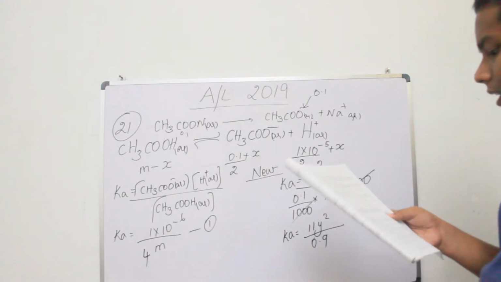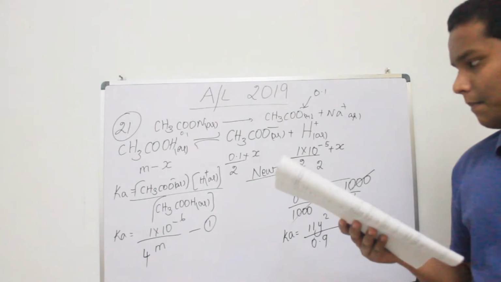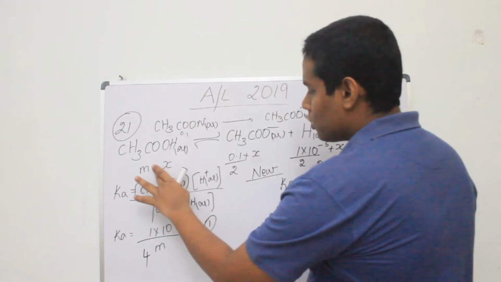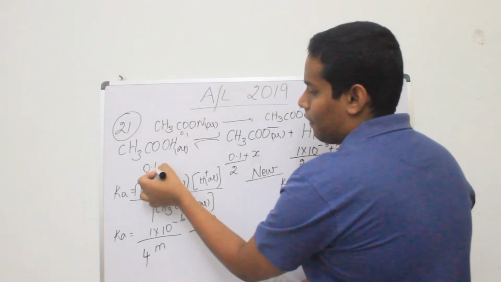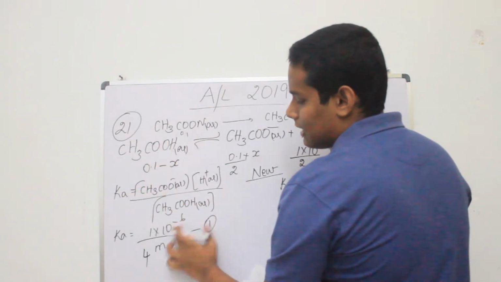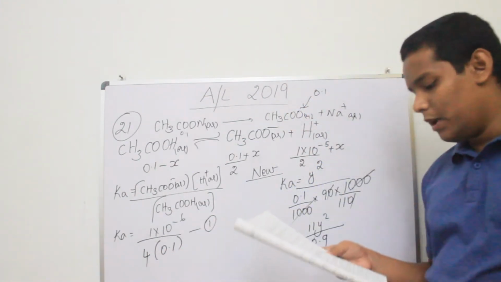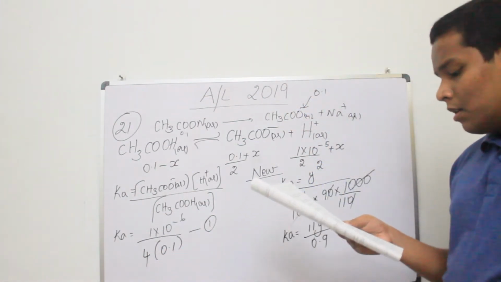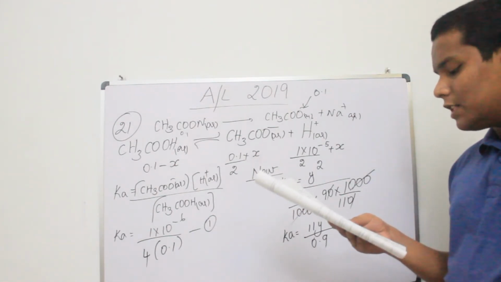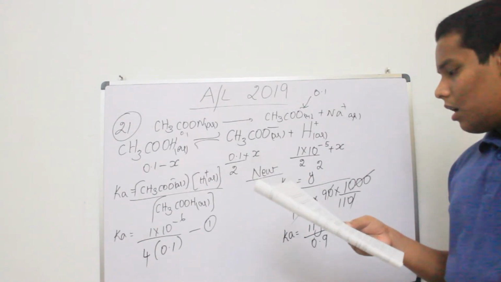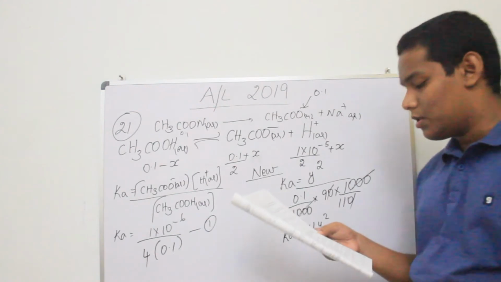We don't know the initial concentration of CH3COOH. No, we know 0.1. This is also 0.1, this is also 0.1 minus 6. So initial concentration is also 4 into 0.1. Okay, so the pH of the resultant solution when 20 cubic centimeter of this buffer solution was mixed with 90 cubic centimeter of 0.1 mole per cubic decimeter of weak acid solution.